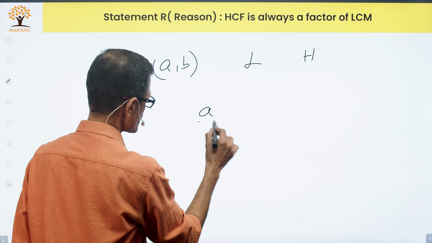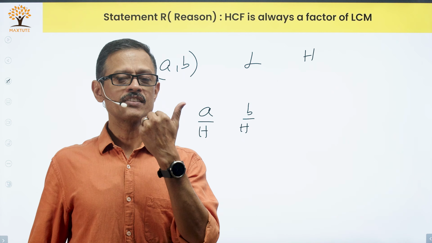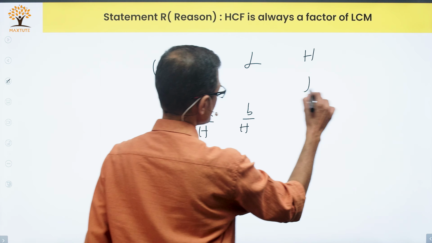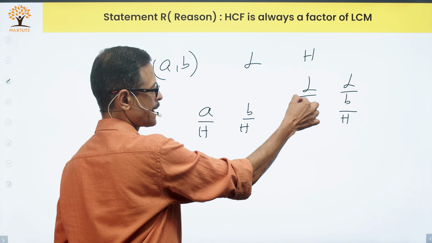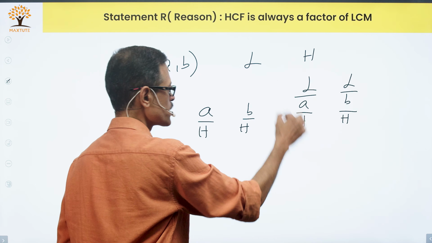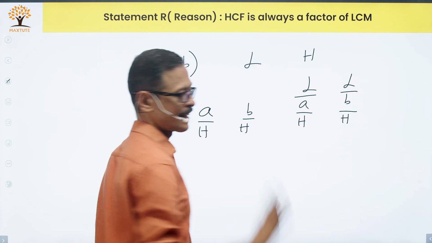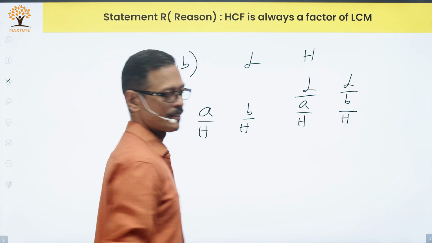L is the least common multiple of A and B, which means L is a multiple of A, which means L is divisible by A. L is a multiple of B, which means L is divisible by B. We know A is divisible by H, and B is also divisible by H. L is divisible by A, which in turn is divisible by H, which means H will divide L. Similarly, H will divide L in both cases. So HCF is always a factor of the LCM.